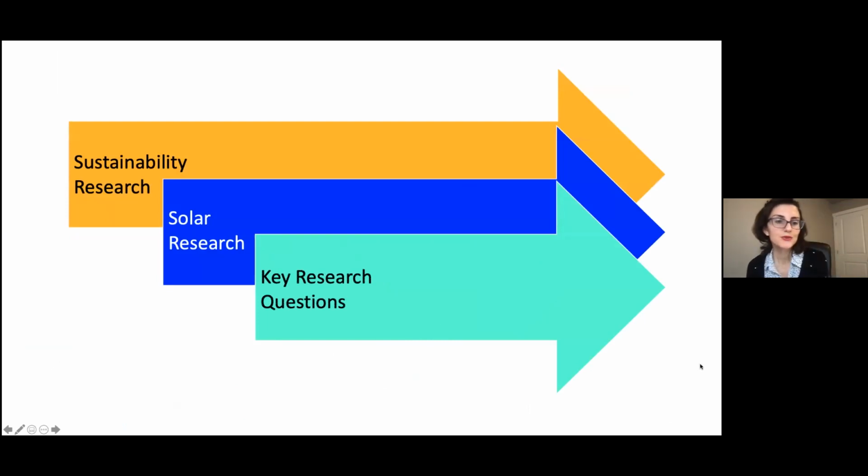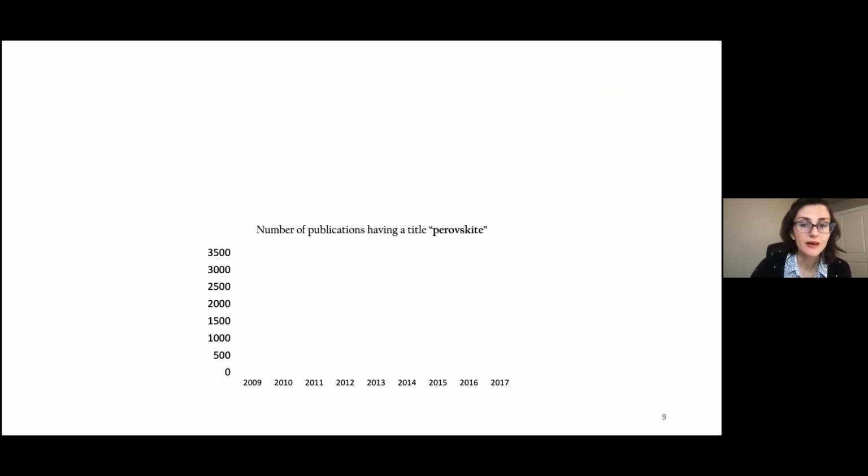Now I wanted to move into some key research questions from my research. The most prominent member of emerging photovoltaics is perovskite PV, and the immense interest from the solar community is a testament to it.